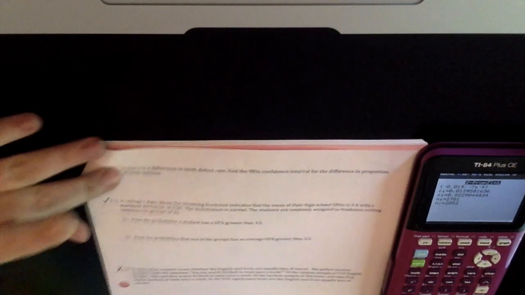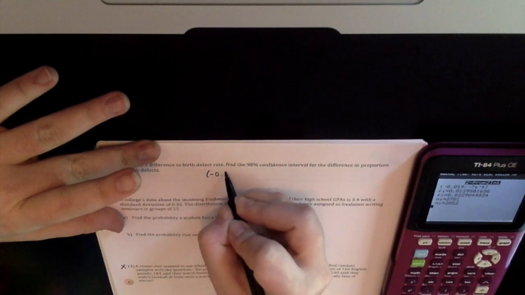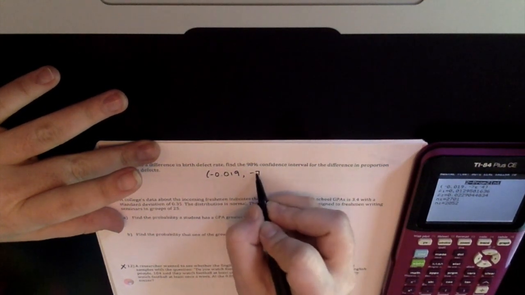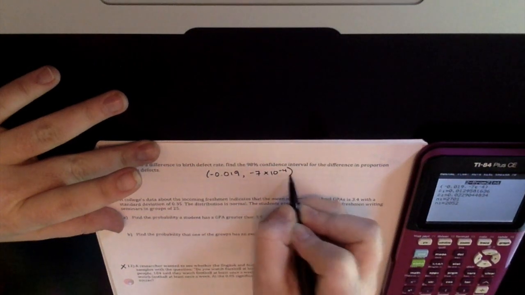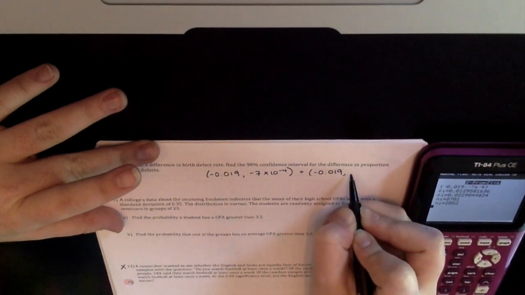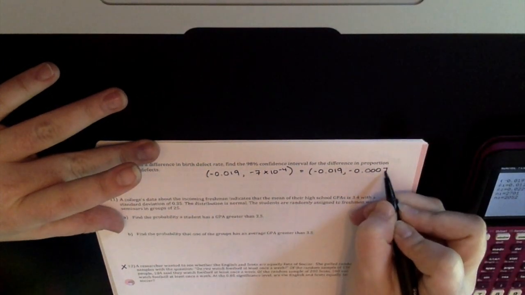Okay, so we've got negative 0.019, and look at that, negative 7 times 10 to the negative 4. So that's the same as negative 0.019 and negative 0.0007.